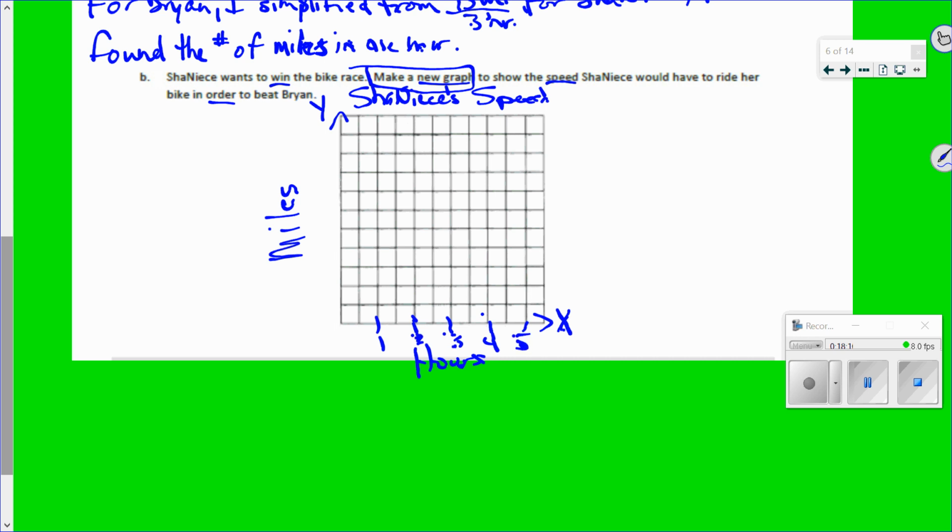Okay, now she wants to beat Brian. So what do you think I should do for my intervals on the side? What should I do for my intervals on the side for Shanice if she wants to beat Brian?